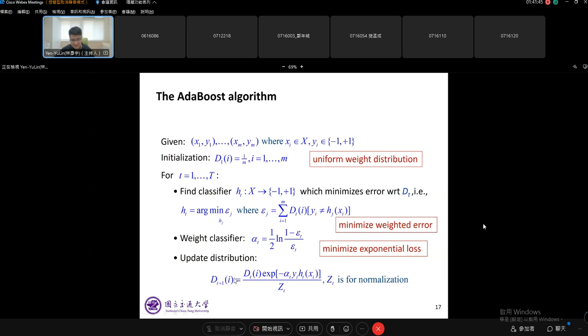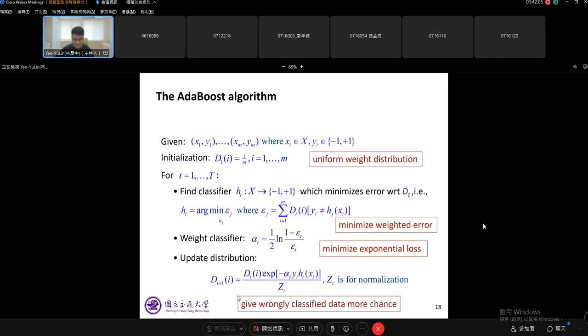After the update, this may not be a distribution. By a distribution, all the elements should be non-negative and sum to 1. So to make this a distribution, Zt is included for normalization. So this is the resultant algorithm.